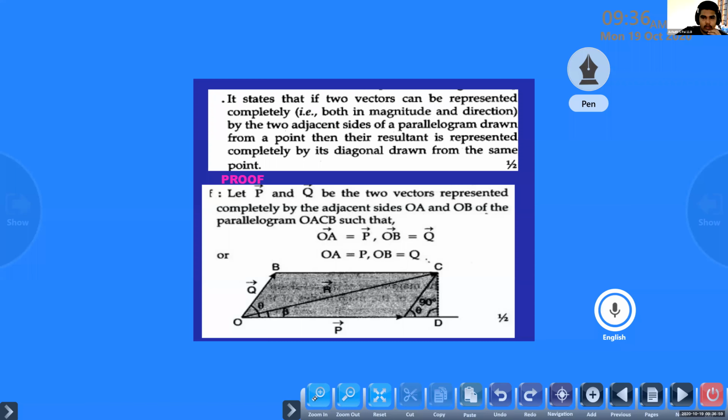Okay, once again, it states that is the law of parallelogram.